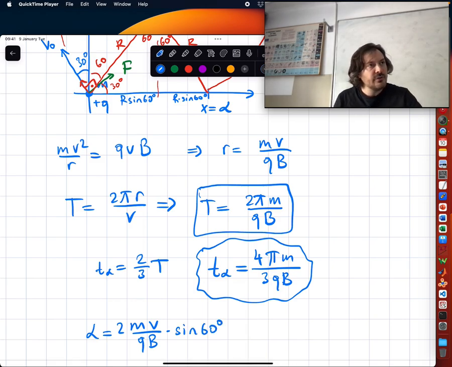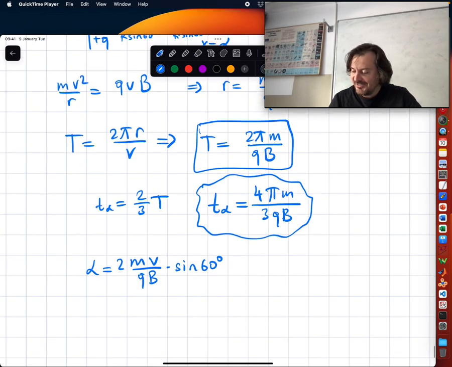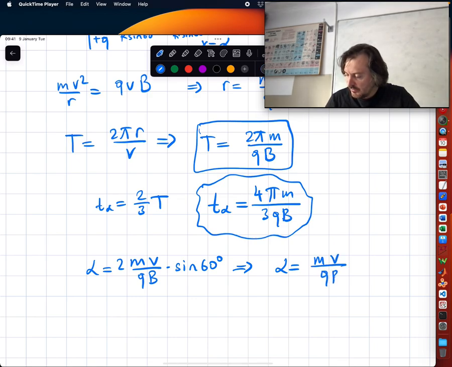What was sine of 60 degrees? Root 3 over 2. So alpha is mv over qB with a root 3. So far so good? No problem? Let's keep going.